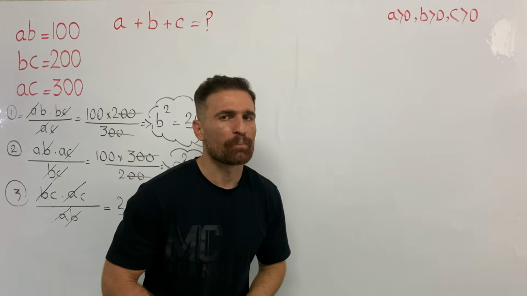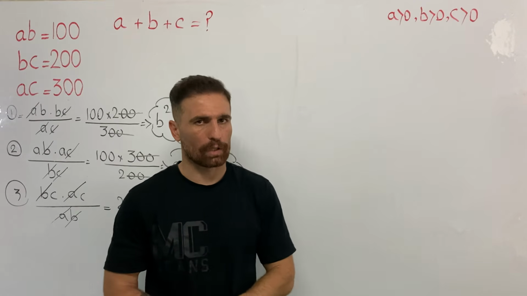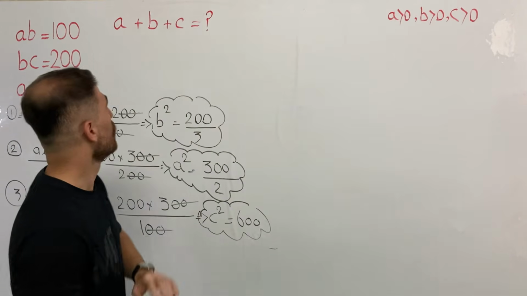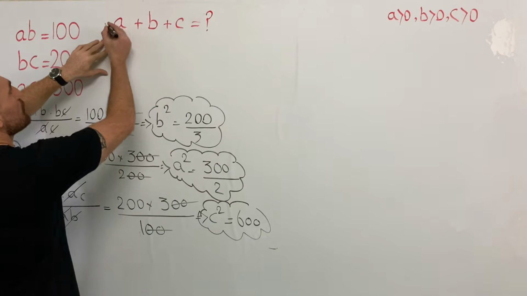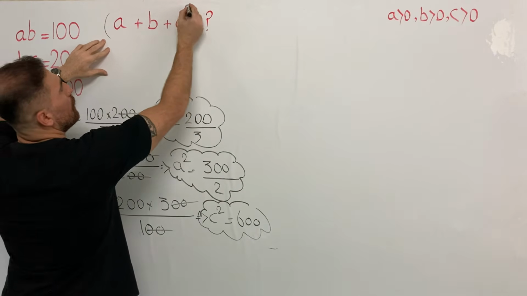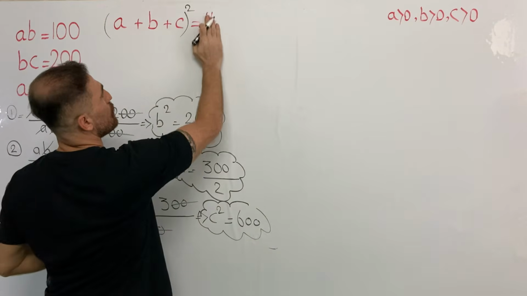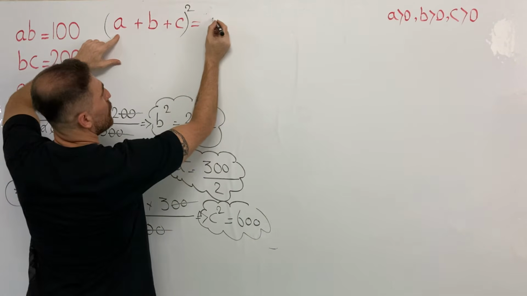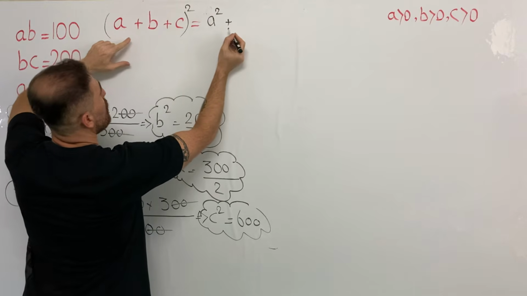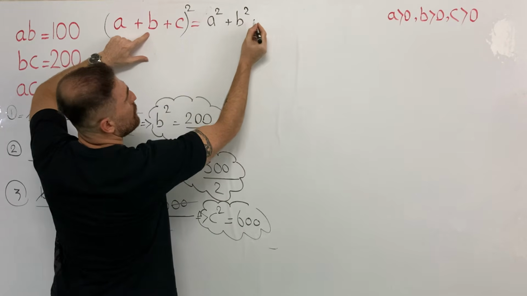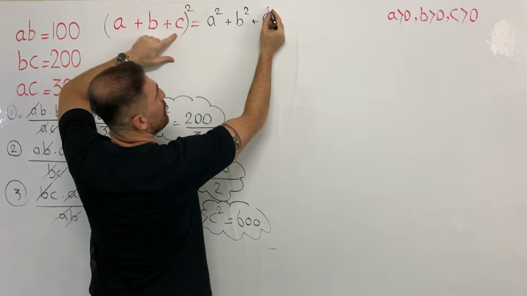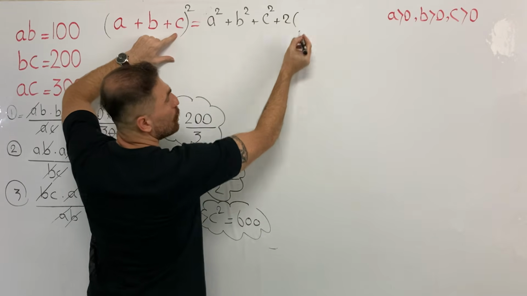If you remember in grade 9 algebraic identities, you know A plus B plus C squared. The square of the sum of 3 terms is going to be first term squared plus second term squared plus last term squared plus twice of.